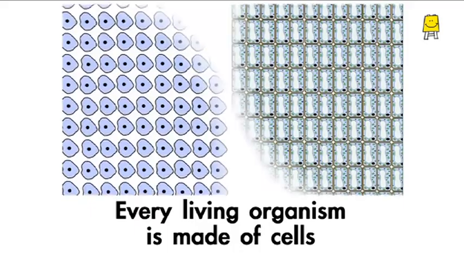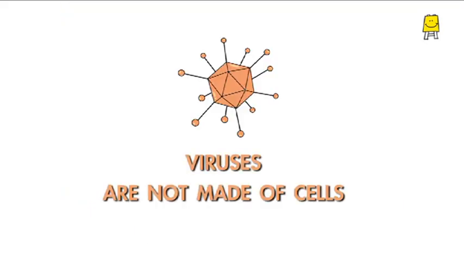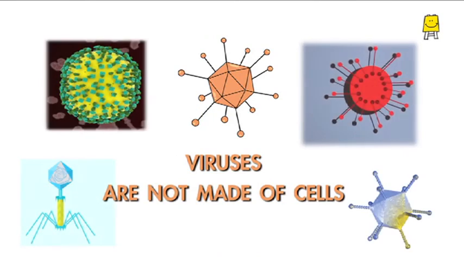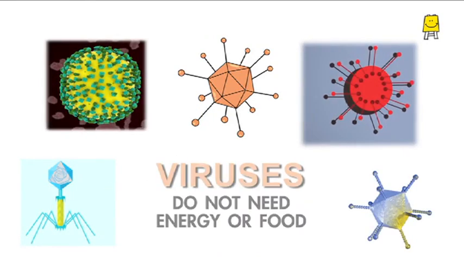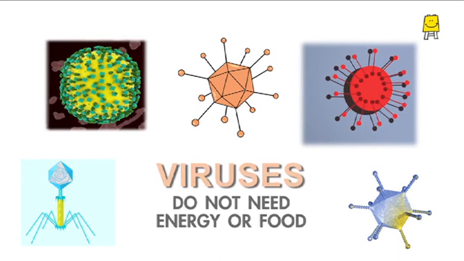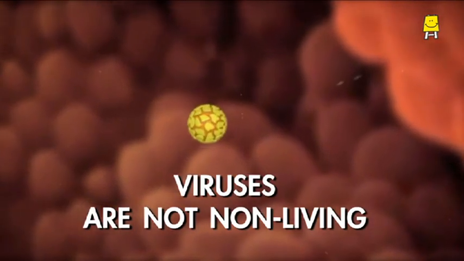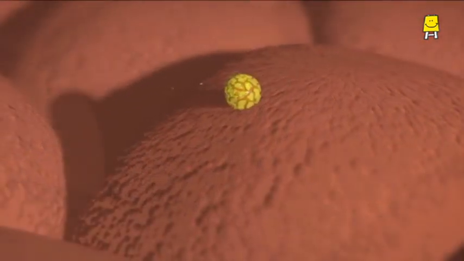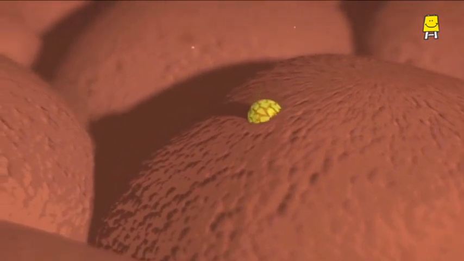Every living organism is made of cells. But viruses are not. Neither do viruses need food or energy like other living cells. But viruses are not non-living either. When a virus enters a living cell, it gets activated.